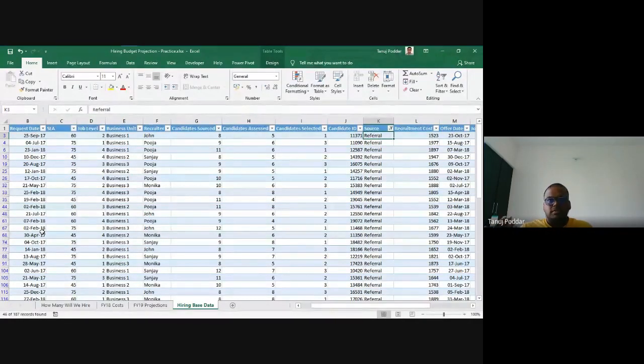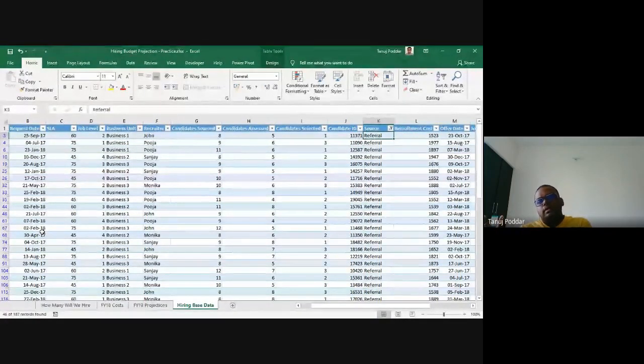At the time of applying, the candidate specifies that I was referred by this person. And in fact, now there are applicant tracking systems which keep track of this. For example, an employee can send an invite to someone they know to apply for the position, and when they use that link, the system automatically understands that this person was referred by this employee, right?